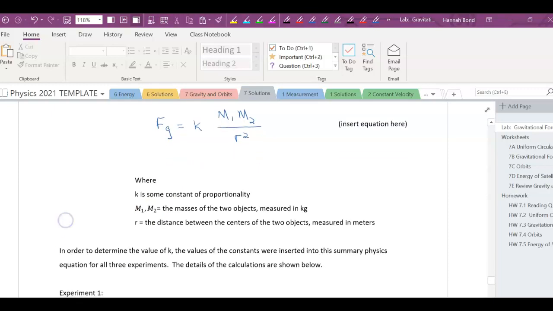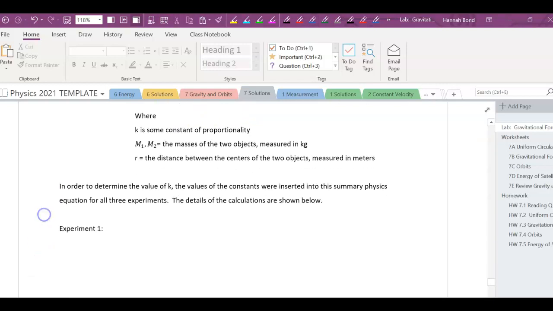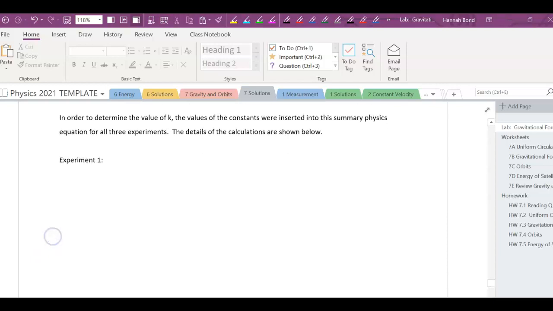Okay, we need to go find this value of k. And so we're going to go back, and for each experiment, we're going to solve for what that k is. So I'm going to begin by writing, my process is to write the merged equation.